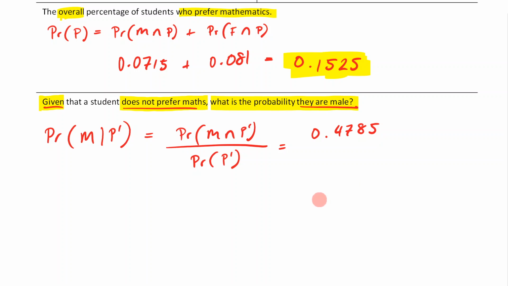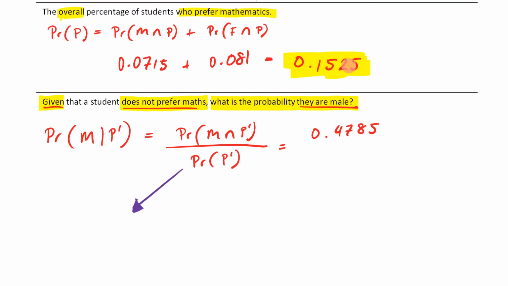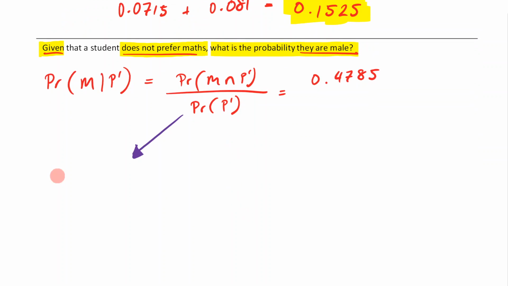0.4785. Then how can I figure out what the probability of people that don't prefer maths is? There are two ways I could do this. I could use my law of total probability here. I think that would actually be a silly way to do it because we already know the overall percentage of people who prefer maths. So those who don't prefer maths would simply be 1 minus 0.1525.